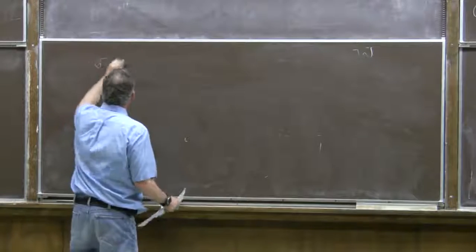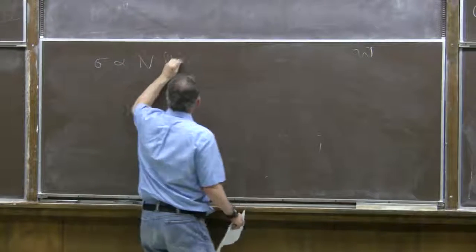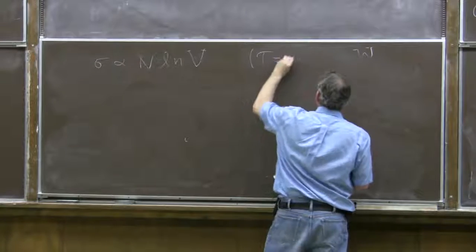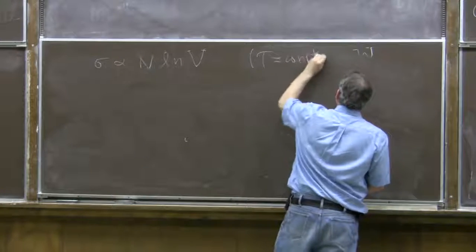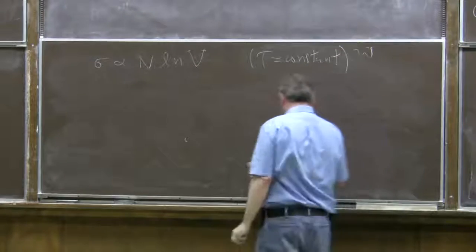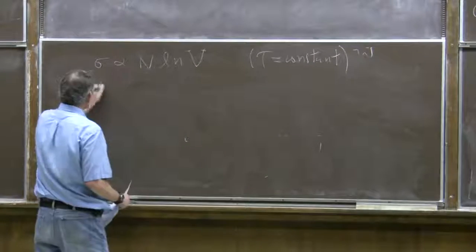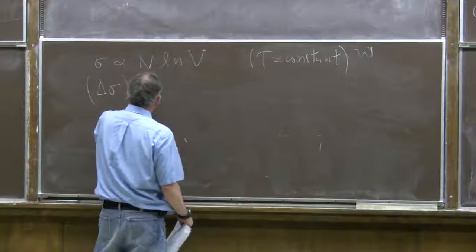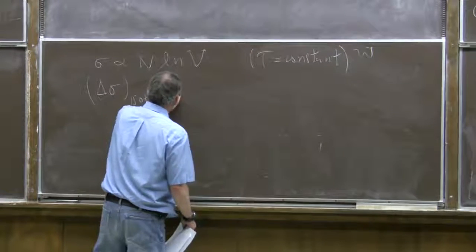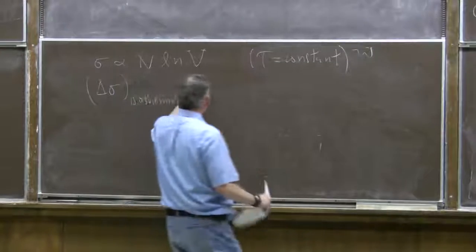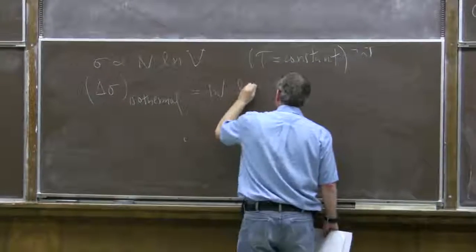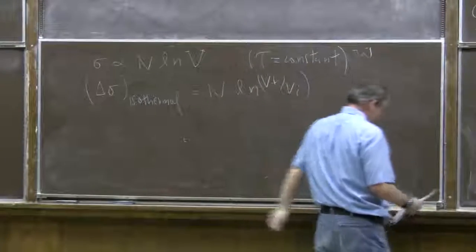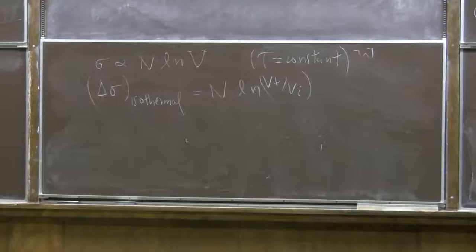Right, so entropy goes like n log v when tau is constant. So the change in the entropy during the isothermal change in volume is n times the log of the ratio of the initial to final volume.